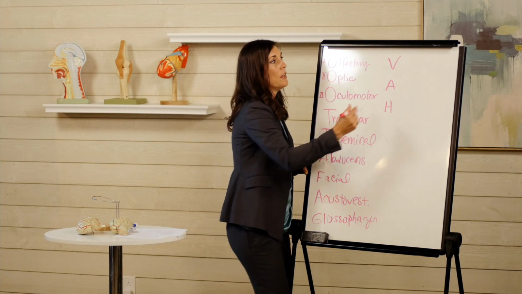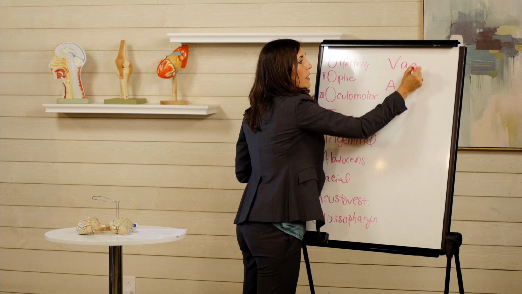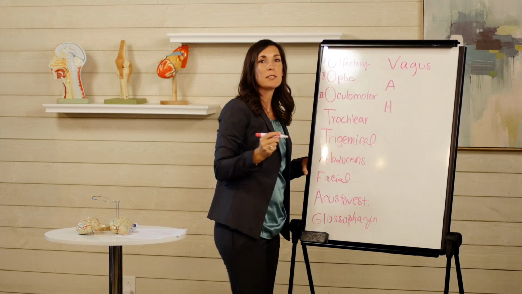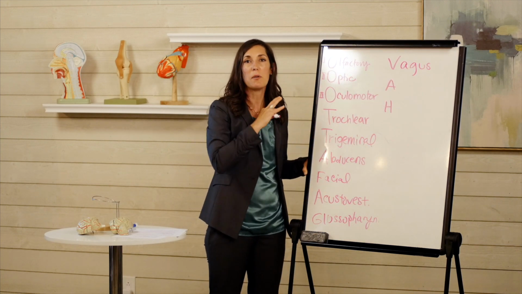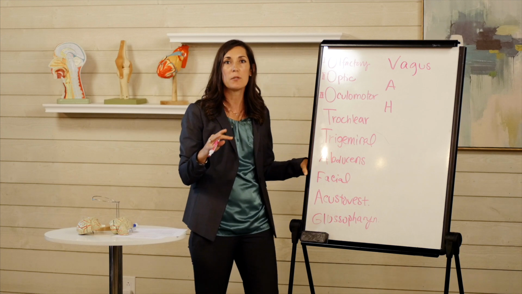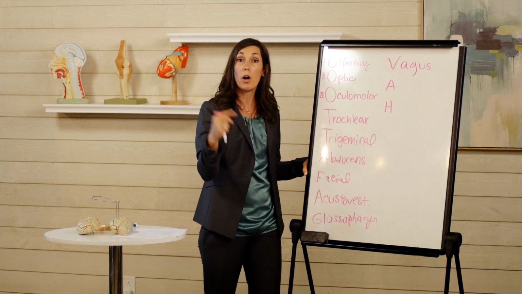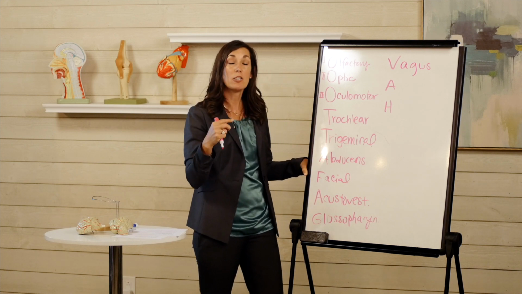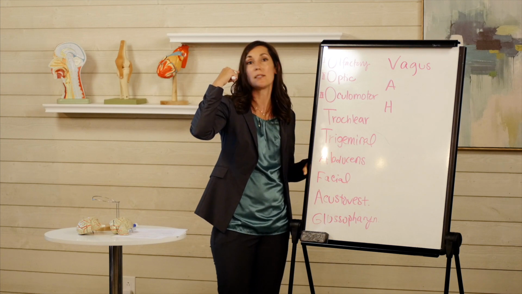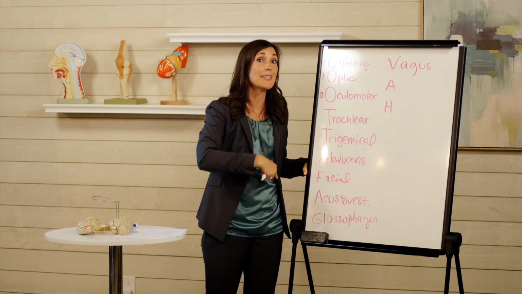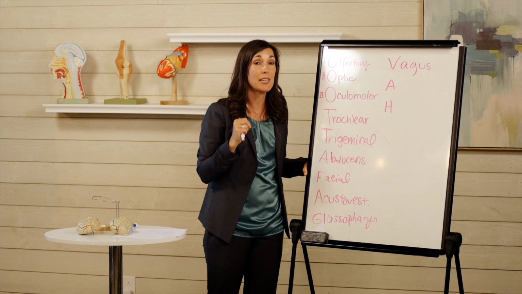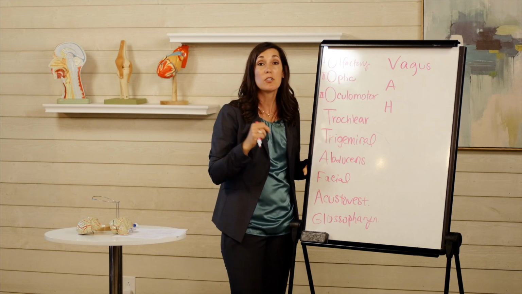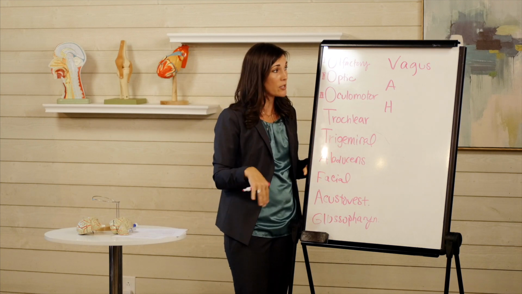Glossopharyngeal. Vagus nerve. Woo! This is called the vagus nerve because it does a lot. It wanders everywhere. It comes from the term vagabond, which is a wanderer. So the vagus nerve actually starts up here, coming off the brainstem, and wanders all the way down through your thoracic cavity and into your abdomen as well. So it does a lot of stuff, and it wanders as it does that.